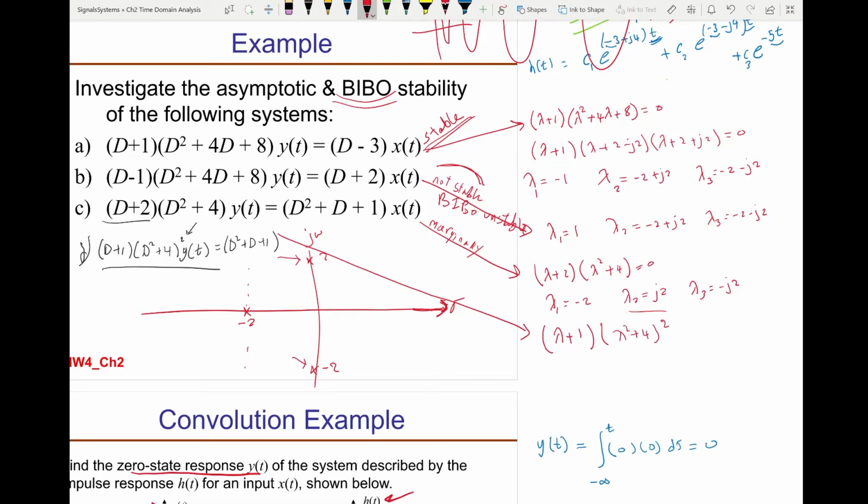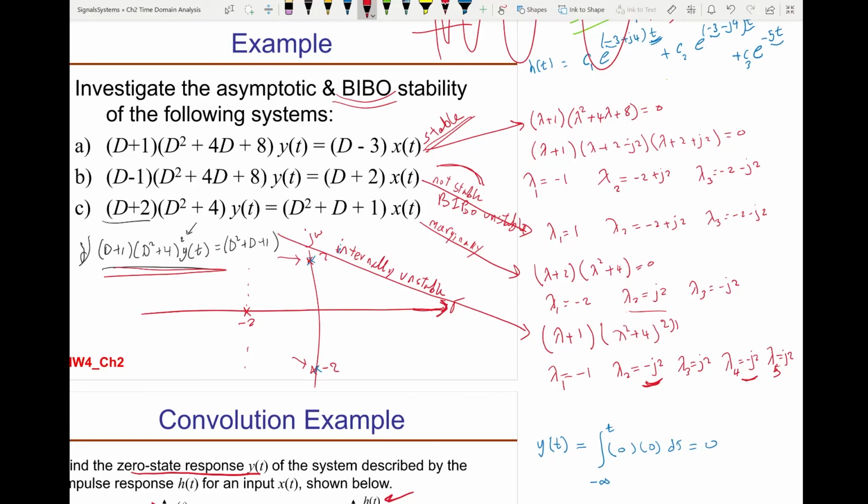And if I factor out these, I will find characteristic root at minus 1, another characteristic root minus j2, another characteristic root at j2, another, because of that square here, another one at minus j2, and a fifth one at plus j2. This is a fifth order system, so you have 5 characteristic root. Now we have a problem because you have a repeated root here. So I have 2 of them, one here and another one here. And now this is internally unstable.